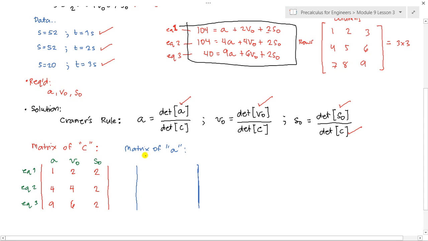Since this is matrix A, remove the column for acceleration, then replace it with the constants. So for matrix A of acceleration, remove the column of acceleration and replace it with the constants. Then follow with the second, V naught, and then S naught. Again for the rows: equation 1, equation 2, equation 3.